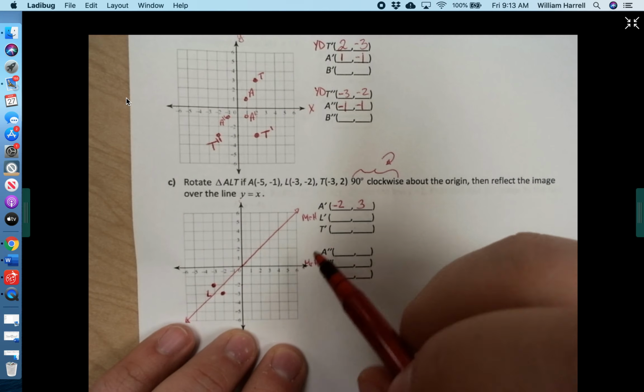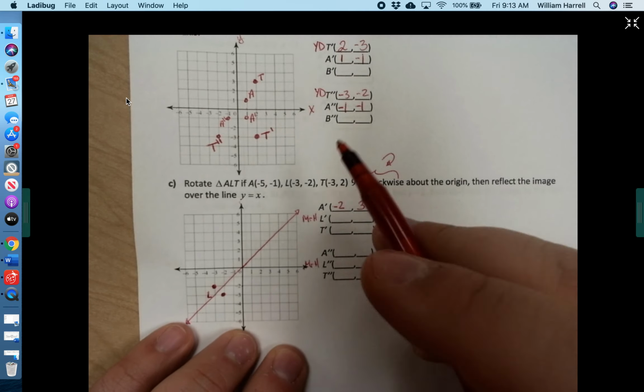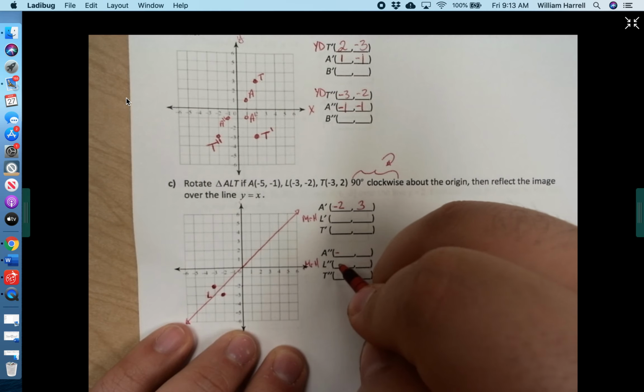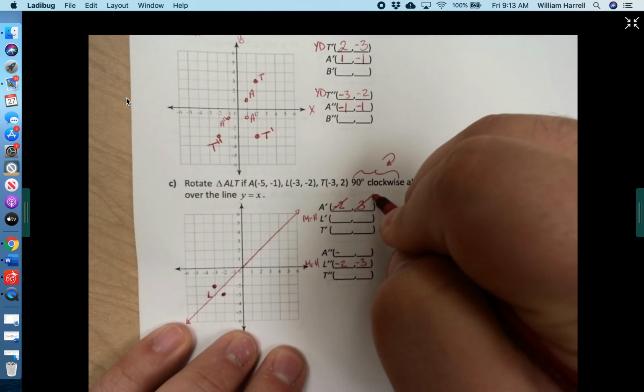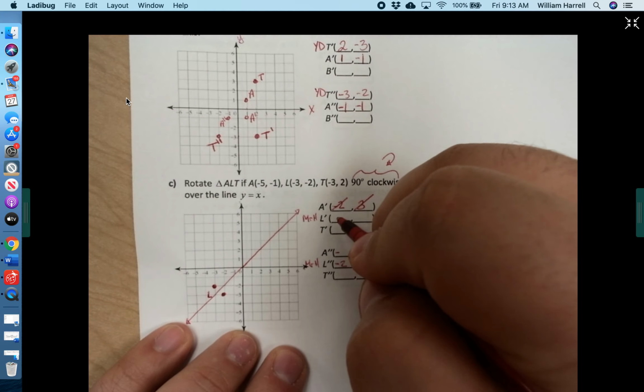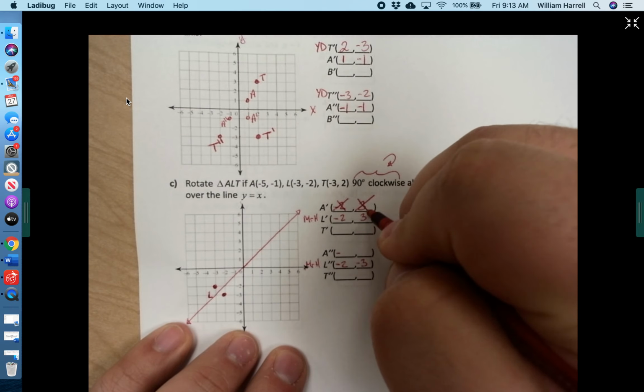When I plot this, it becomes negative 2, negative 3. Don't mess up like I did. I just realized I messed up there.